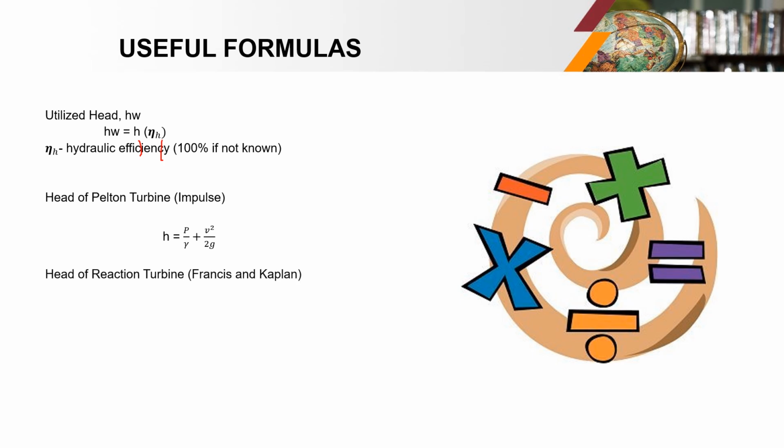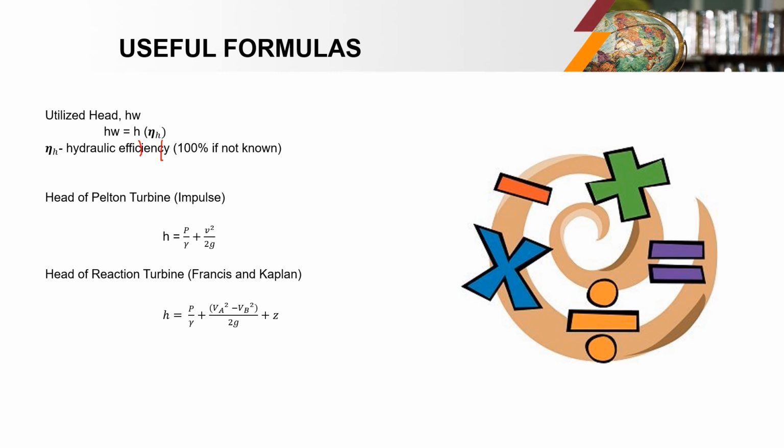Kapag naman reaction turbine ang gagamitin, we have the Francis or the Kaplan. So our H or the head developed will be P over gamma plus VA squared, the velocity at the inlet squared, minus the velocity at the outlet squared. Hindi siya quantity squared. Remember na ito ay VA squared minus VB squared, hindi VA minus VB quantity squared.